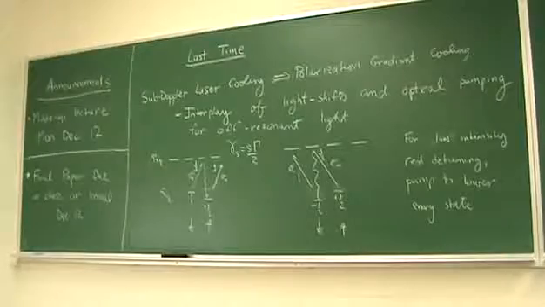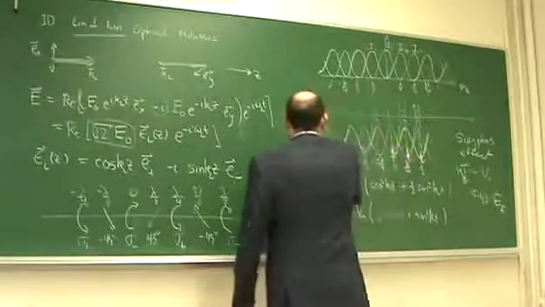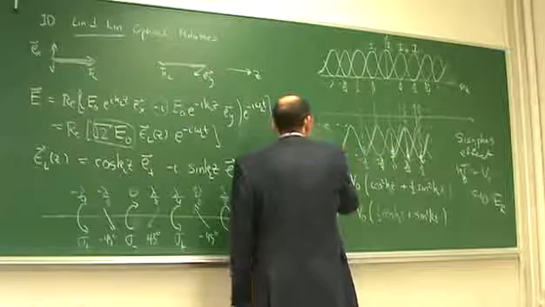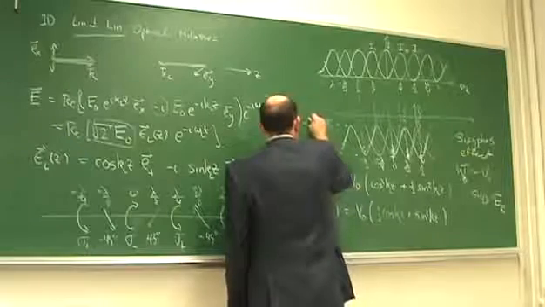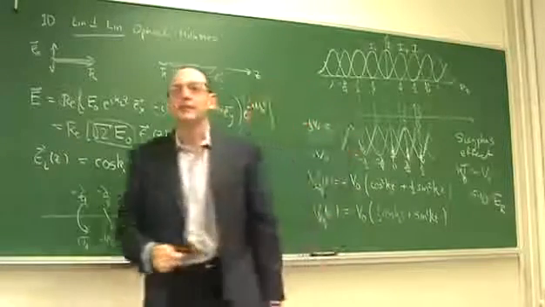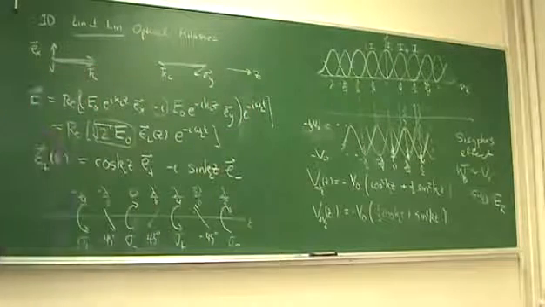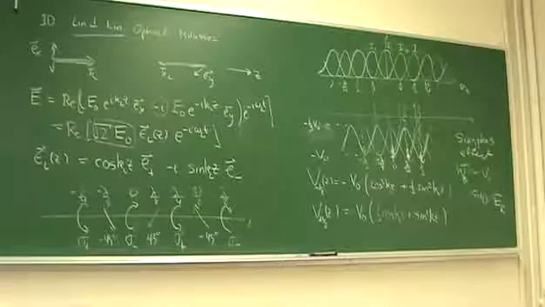So what's sketched here is the potential, which goes down by an amount V0 up to a third V0. So the peak to peak is 2/3 of V0, which is expected. That's the difference in these two light shifts.